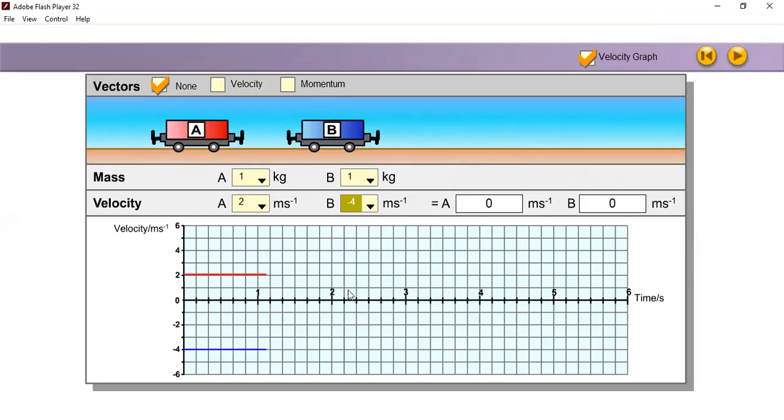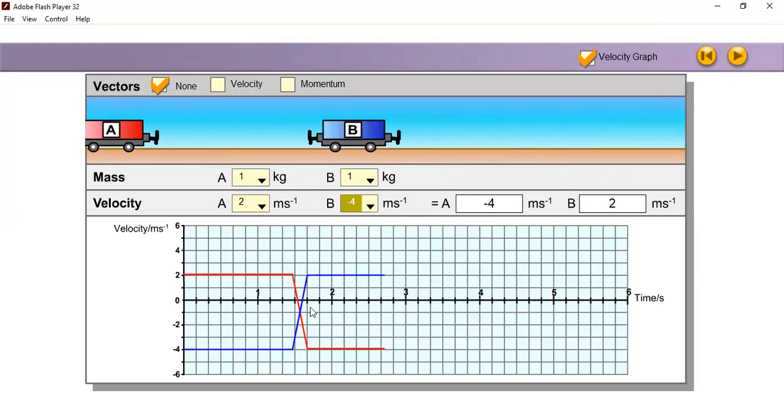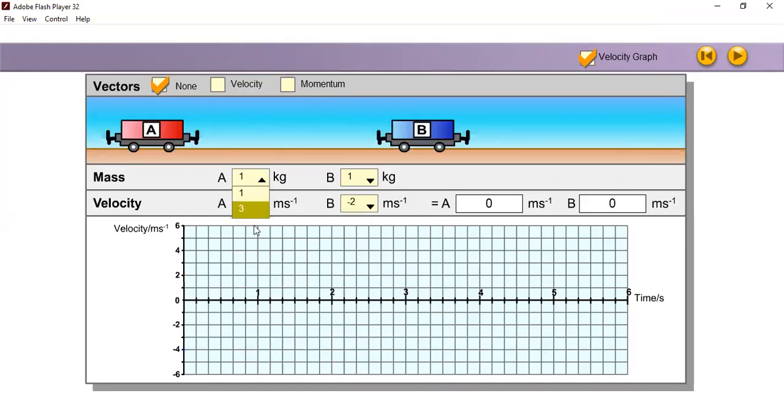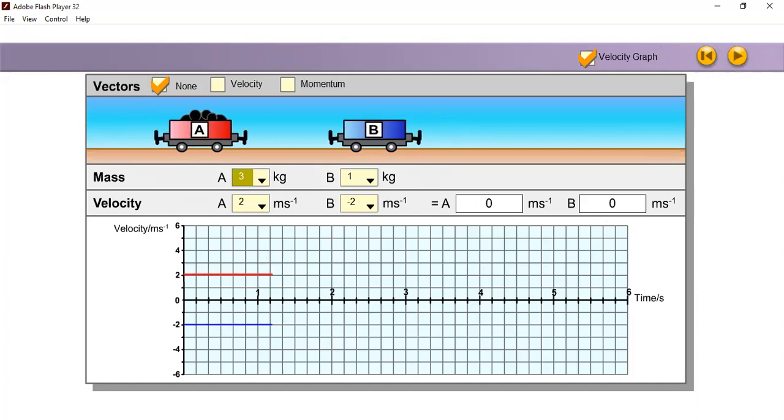Like this, you see, after that the blue and red colors will move in opposite directions. Here we just consider two systems.